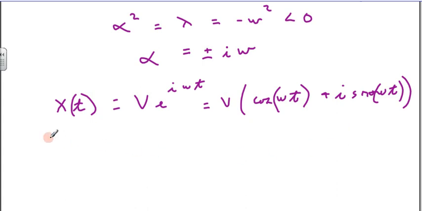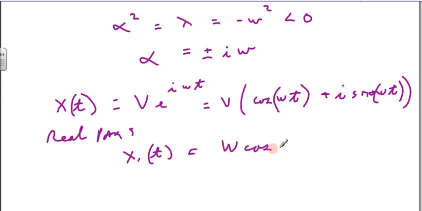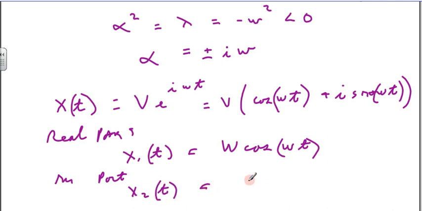Okay, and I'll have a real part x1 of t, v cosine omega t, and I'll have an imaginary part x2 of t, which is going to be, that's a v, the sine omega t.